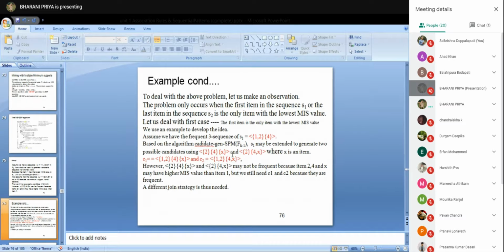Add another item, or else you can add it in the last position as well. Now you can generate the candidates like this. Say 124 is there, 24x is there. When I remove the first element, the result is 24, and when I remove the last element, the result is 24. So now I can join, and the resultant item set is 124x. For x, you can add any item.